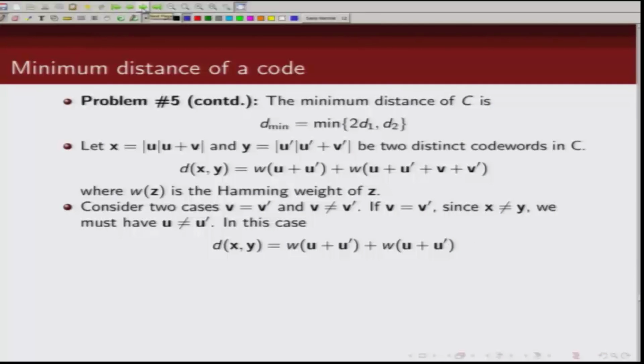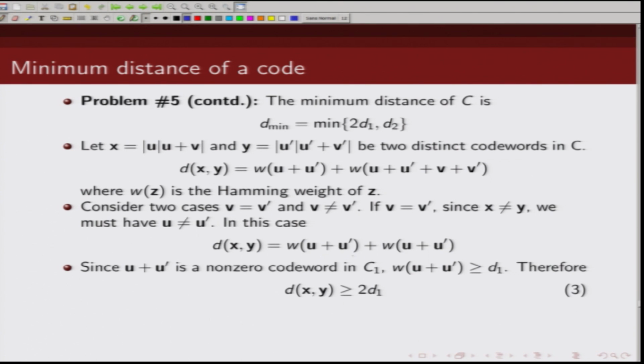In this case, the Hamming distance between X and Y is the Hamming weight of U plus U prime plus, since V and V prime are the same, 0. So this is the same as the Hamming weight of U plus U prime. So when V is the same as V prime, the Hamming distance between X and Y is the Hamming weight of U plus U prime plus the Hamming weight of U plus U prime. And what is U plus U prime?